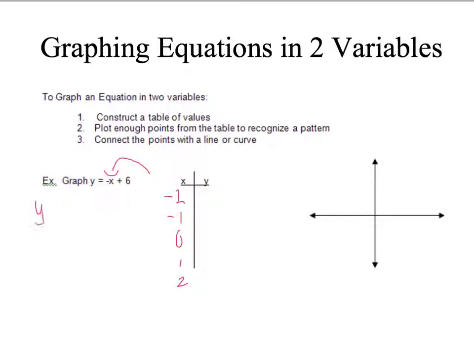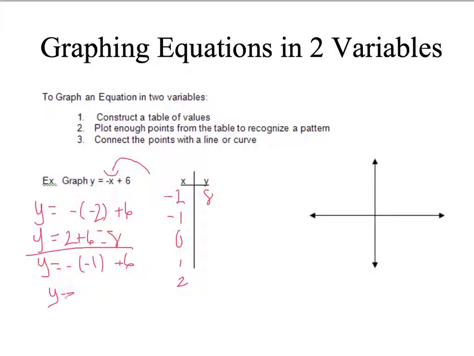So that would be y equals negative, my first x value that I'm going to look at is negative 2, plus 6. That would be y equals positive 2 plus 6, which is 8. So I'll put that over there. Now I'm going to substitute in my second x value, which is negative 1. So y equals negative negative 1 plus 6. So y equals positive 1 plus 6, which would give me 7.